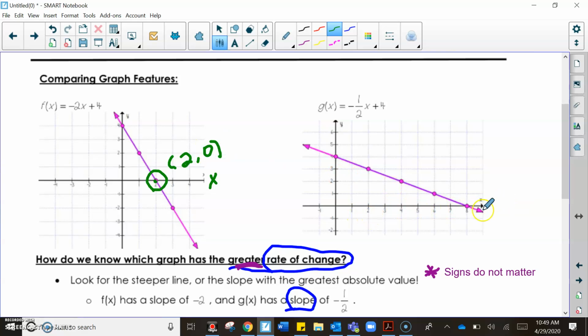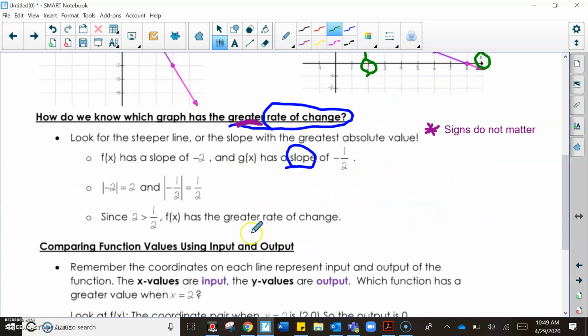Over here, again, this is the X-axis. So here's where X is equal to 2, but I have to look for the point on my graph. There's the point on my graph. That ordered pair is 2, 3. So which Y value is bigger, 0 or 3?